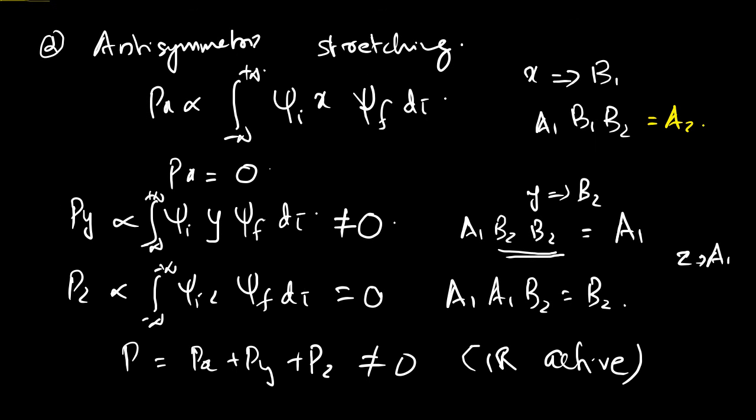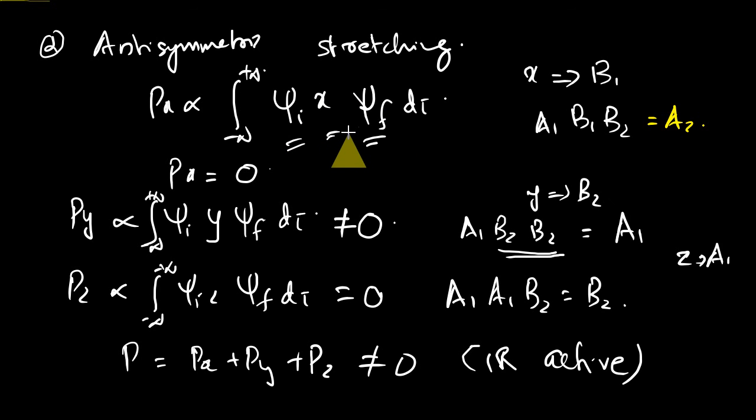So in the integrals, psi I is not going to determine whether the product is totally symmetric or not. The determining factors are x and psi f, or y and psi f, or z and psi f, because psi I will always be A1.